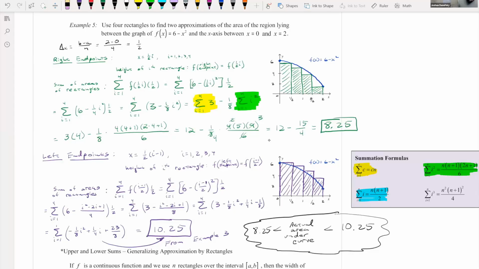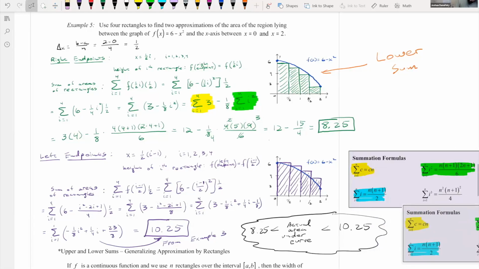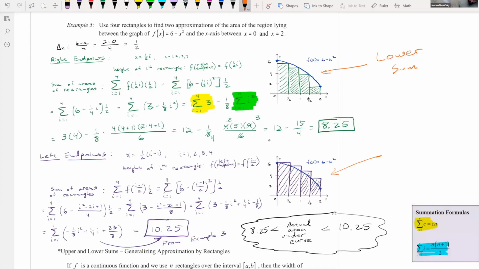So what you'll notice is that we have what's called an upper sum and a lower sum. So this picture here represents a lower sum because it's a sum of areas of rectangles that's less than the actual area under the curve. And this one over here is what we call an upper sum, right?